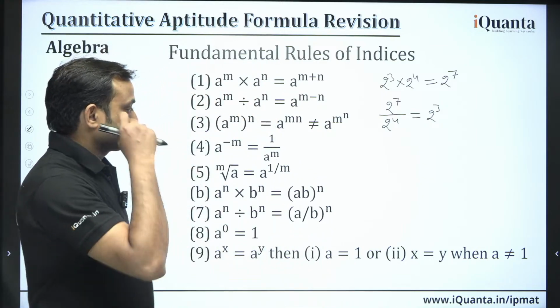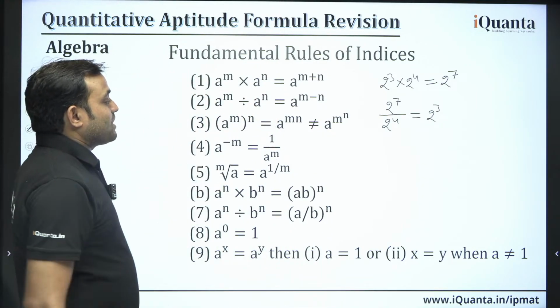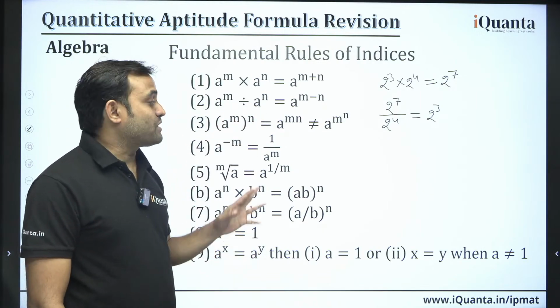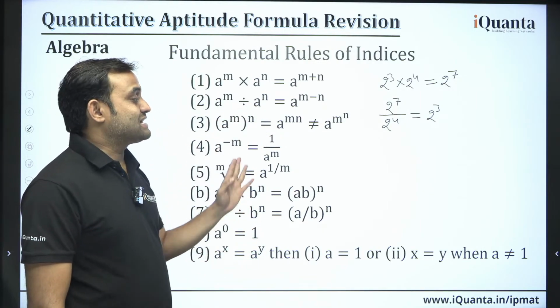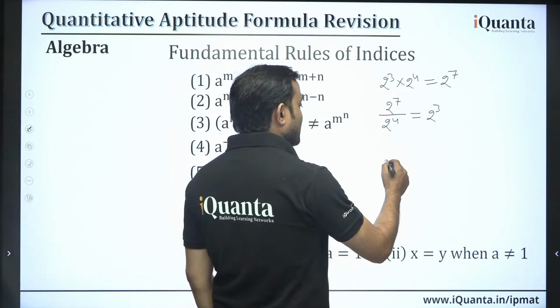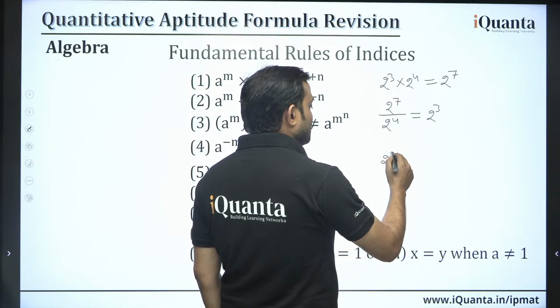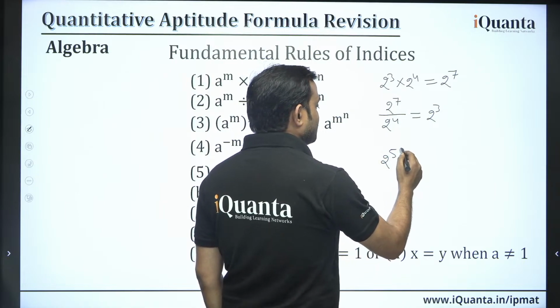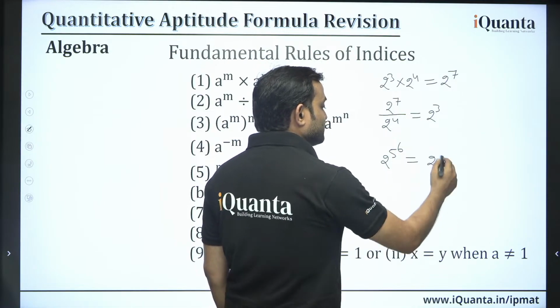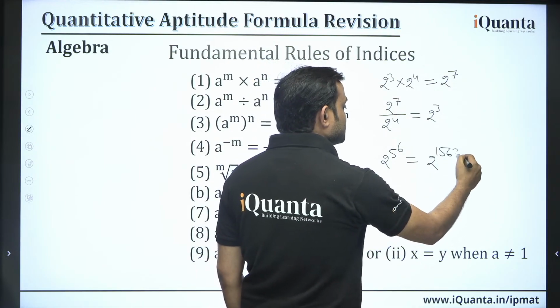Okay. Then comes (a to the power m) to the power n. This is equal to a to the power m into n, and that is not equal to a to the power (m to the power n). Let's say if we have (5 to the power 2) to the power 3, this will be equal to 15625.